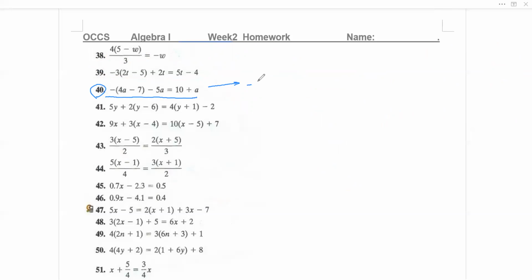All right. 4a plus 7 minus 5a equals 10 plus a, right? So we move this a to the left part, minus a, so this disappears, right? The right side has minus 7, so this disappears too.